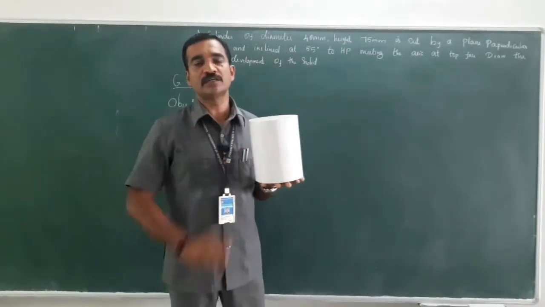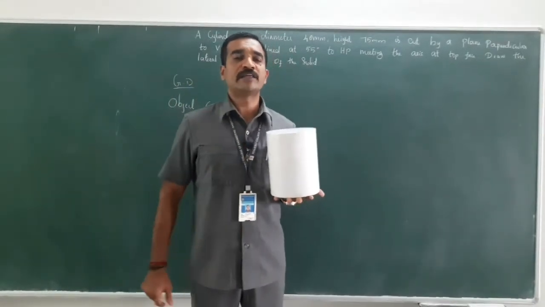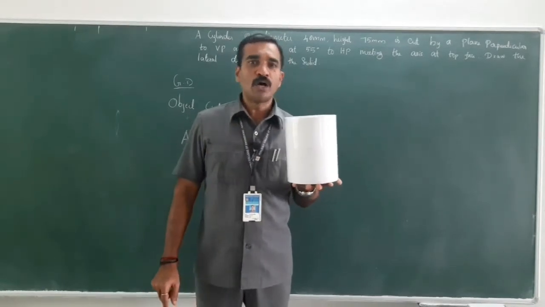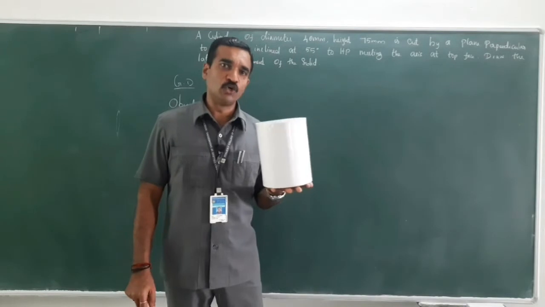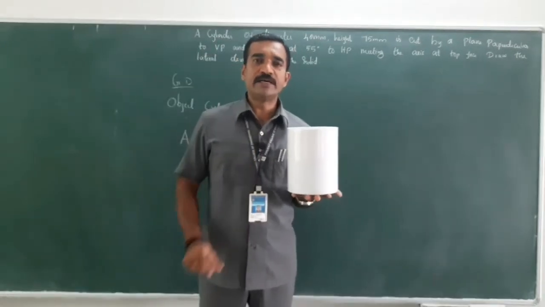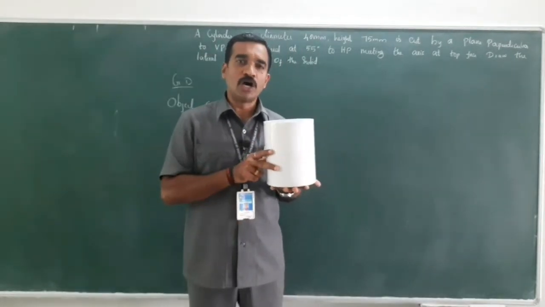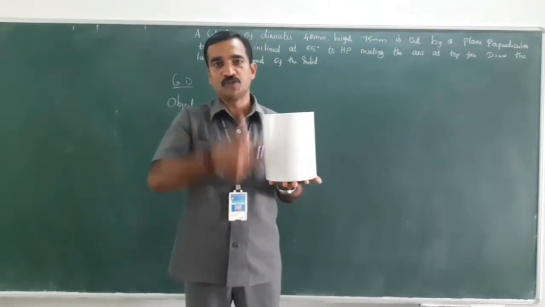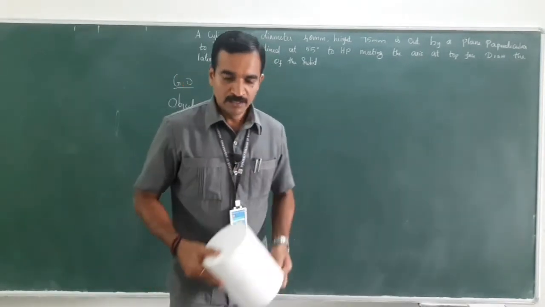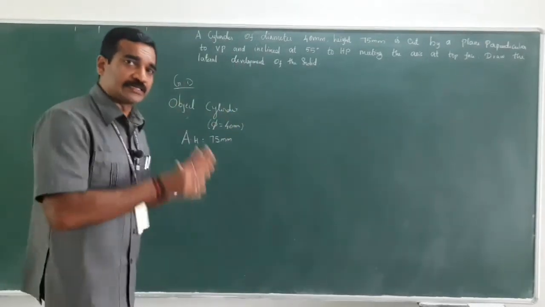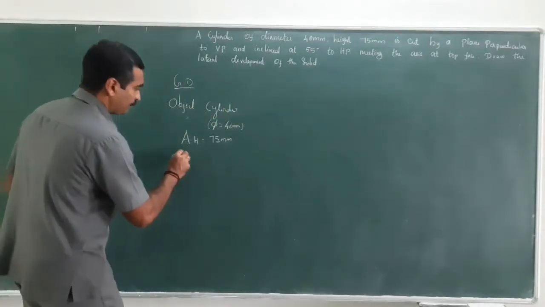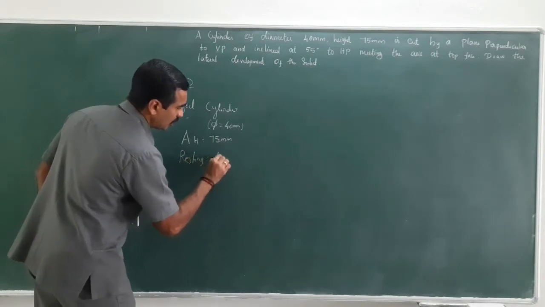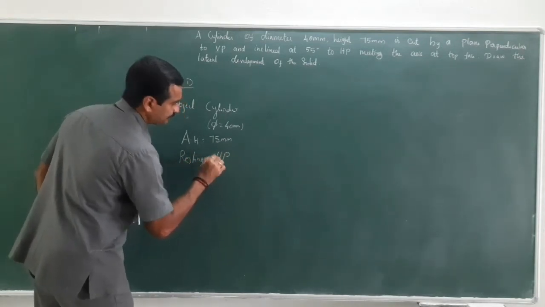Irrespective of the object, whether it could be a prism or pyramid or cone or cylinder or cube, whatever may be the solid, it will always be resting on HP on its base in a vertical position.